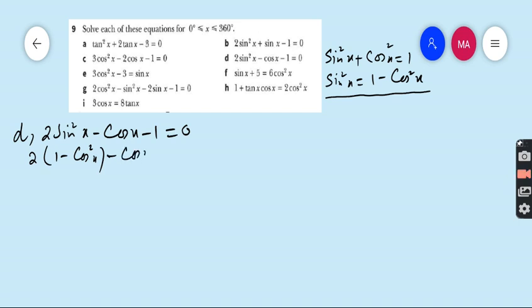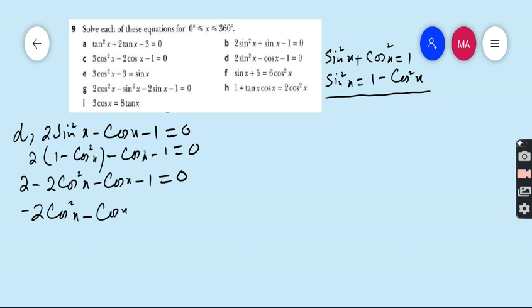This minus cos x remains minus cos x, this minus 1 remains minus 1. Now 2 ones are 2, 2 into cos square x is 2 cos square x, minus cos x minus 1 is equal to 0. Minus 2 cos square x, minus cos x, and 2 minus 1 is 1.